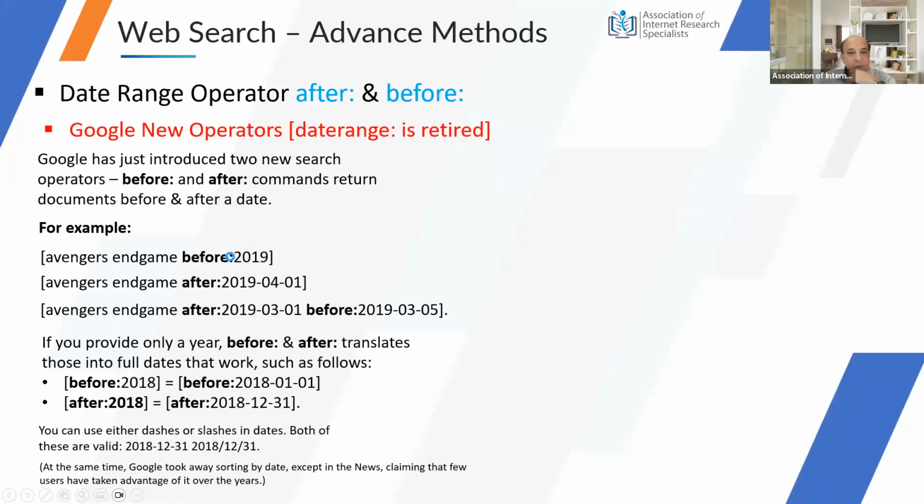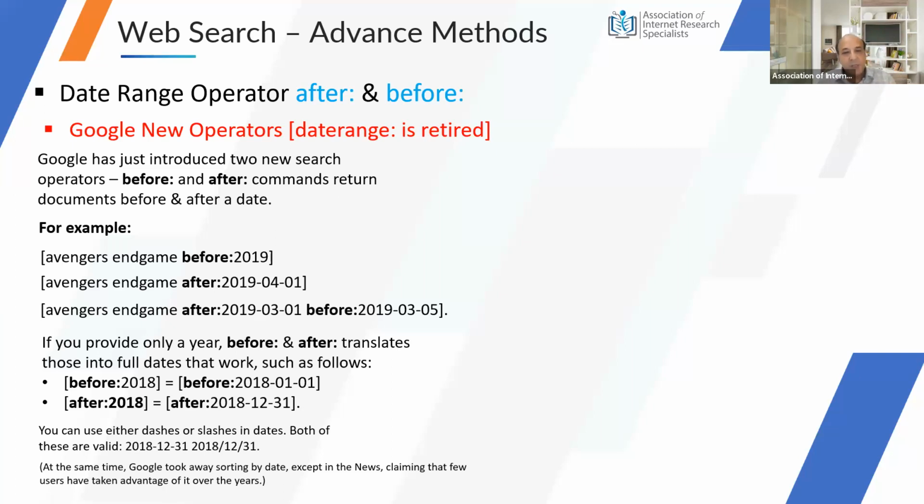So what happens with before and after is that, with the wordings, you can tell that you can put a date or a format of a date after the colon sign to give it a restrictor that whatever results are brought to you should be coming before a certain date, or a certain year, or certain timeline.